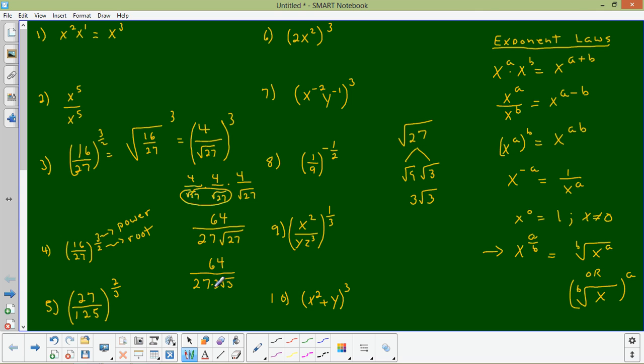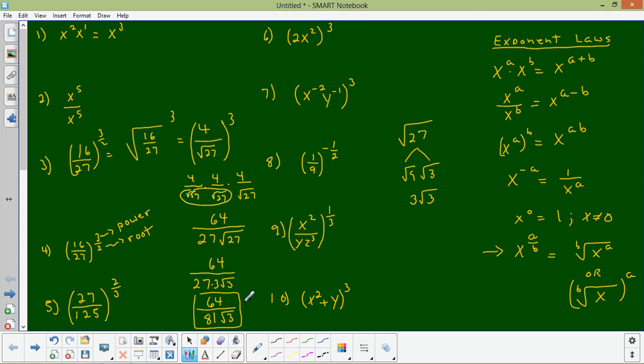And then if we just multiply the 27 times the 3, we get our final answer, 64 over 81 square root of 3. Now, if you want to remove the radical from the denominator, this answer is perfectly acceptable.